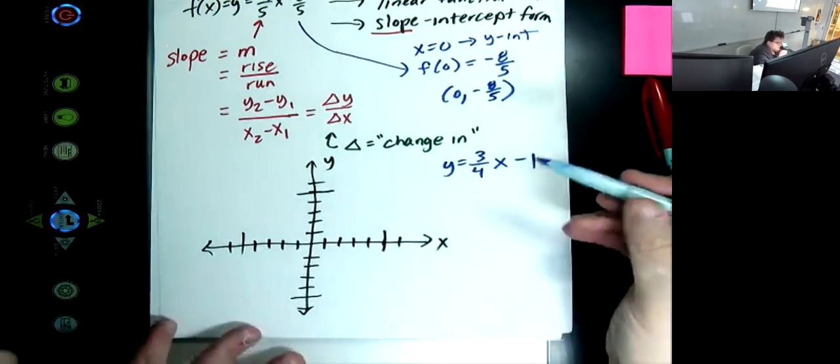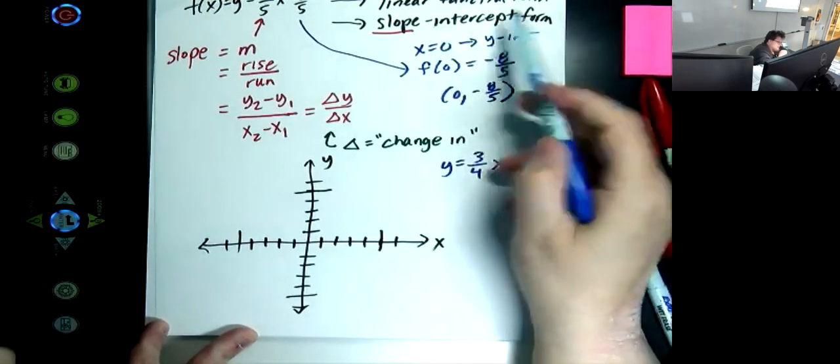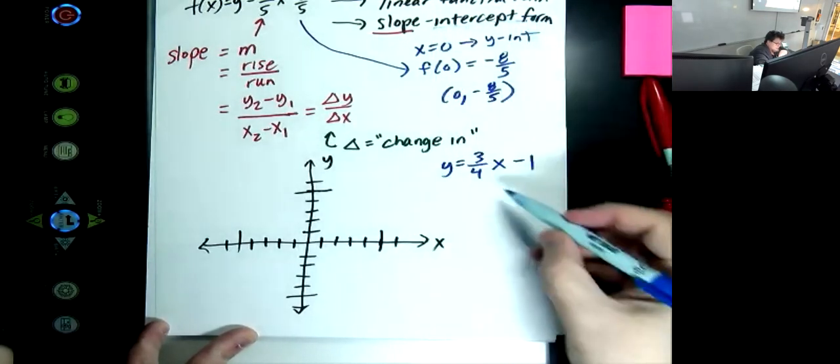What we do is use that idea of the slope and the intercept. The intercept is when x equals 0.